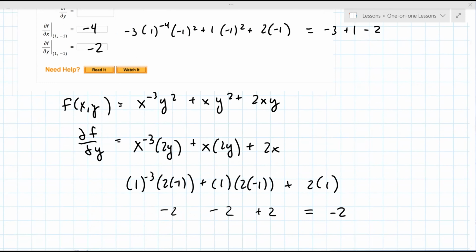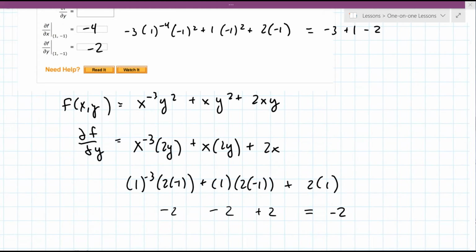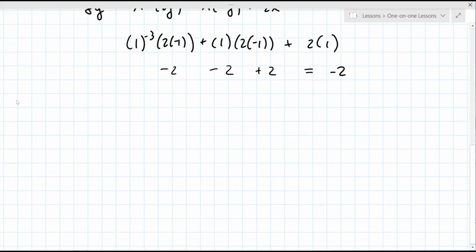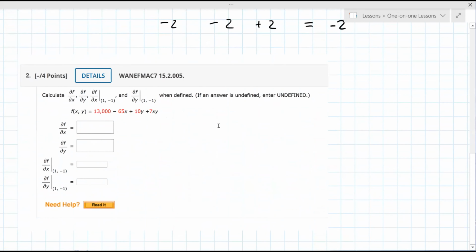I would definitely want you to try number 2 here, and at least try to take the 2 derivatives. This one I believe is actually easier than the one I just did. So if you understood what I did, you should be able to do this one because the derivatives aren't as difficult. So I would just ask you to take about 60 seconds and see if you can find the first 2 derivatives, and then I'll write out the answers.